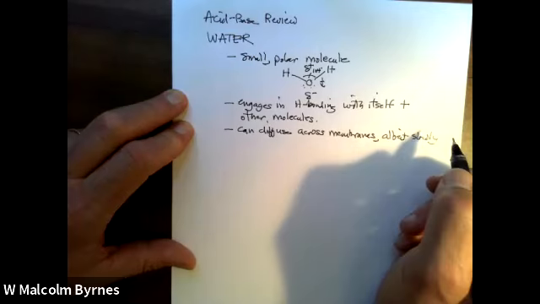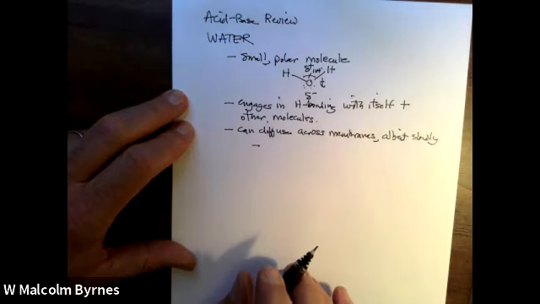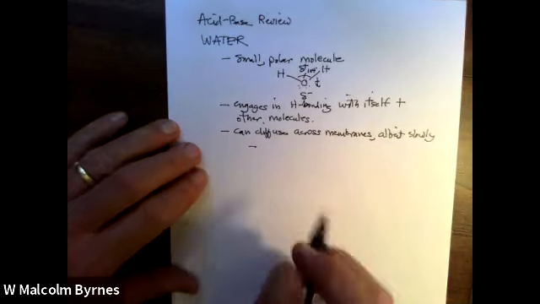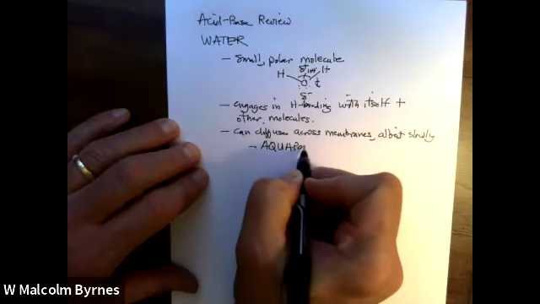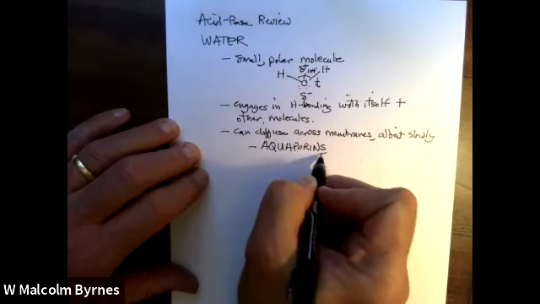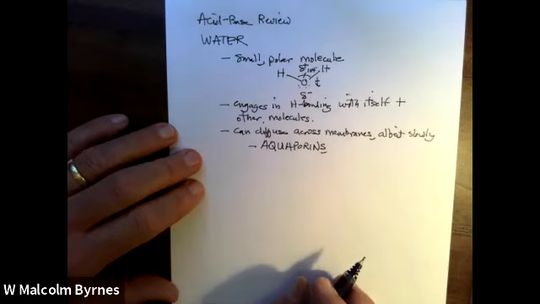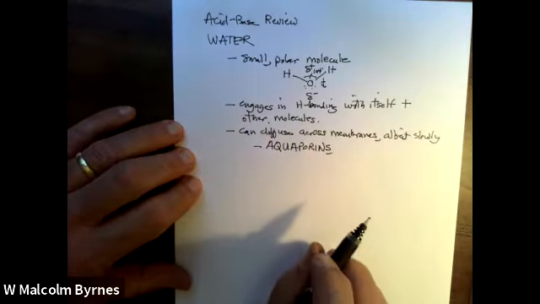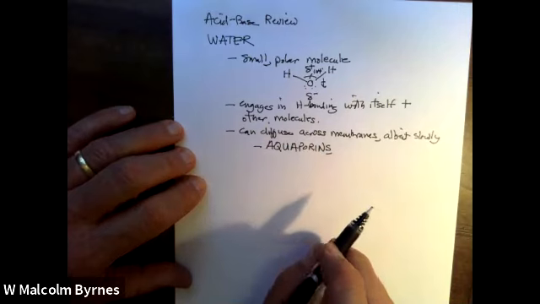Actually, there's a class of protein channels that allow water to flow through them. They're called aquaporins. Aquaporins are located in different places, but one place they are found is in the nephron of the kidney, where they allow water to be reabsorbed from the lumen of the nephron.